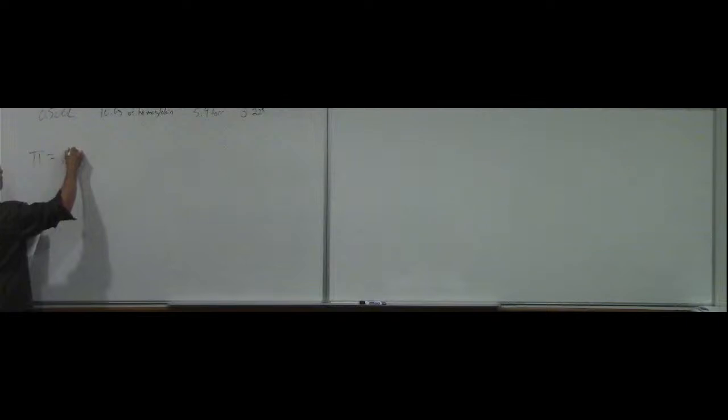Okay. So, pi equals what? MRT, right? I know my osmotic pressure, right? So 5.9 torr equals M, moles per liter. I don't know that yet.